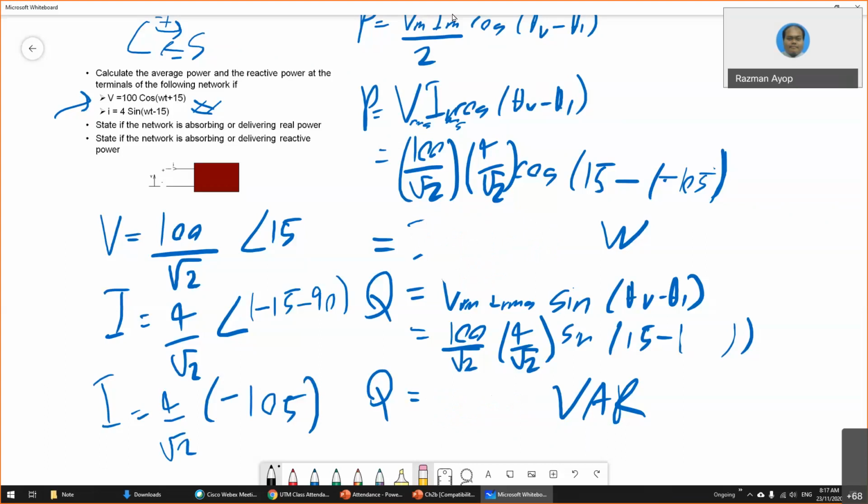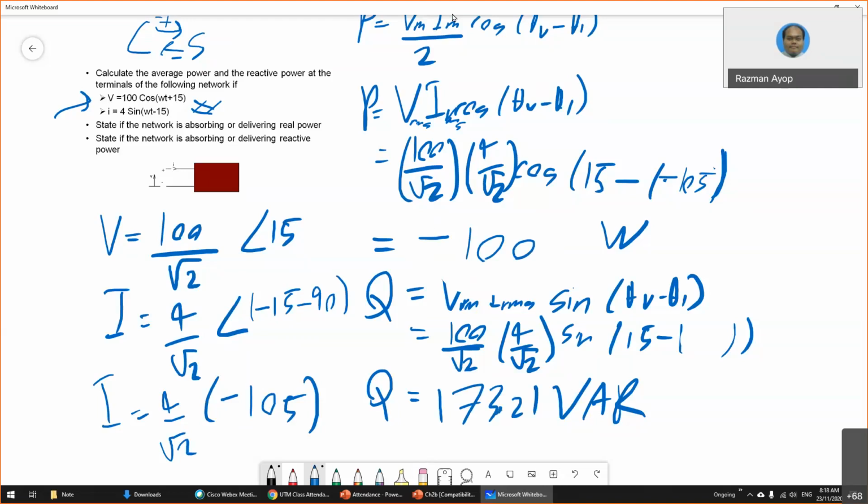So you get negative 100 watt, and for Q you get 173.21.